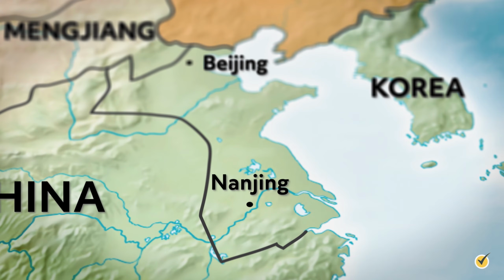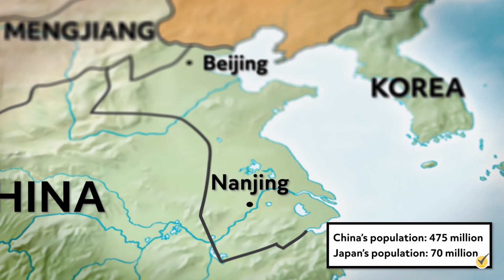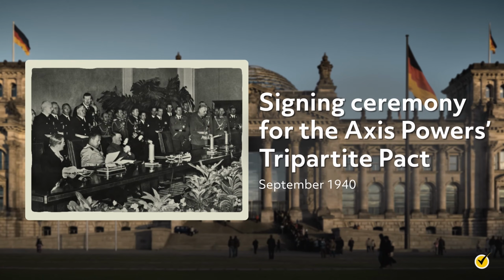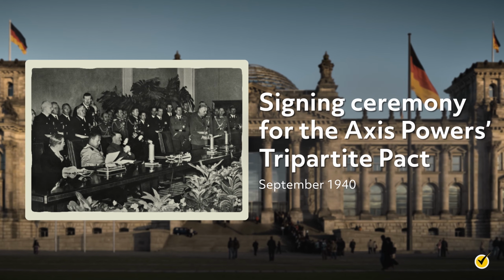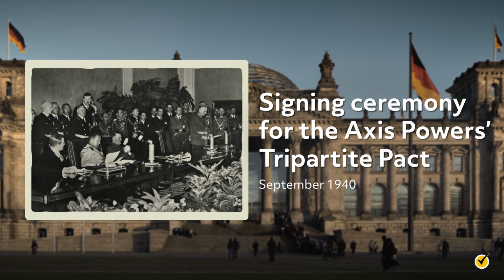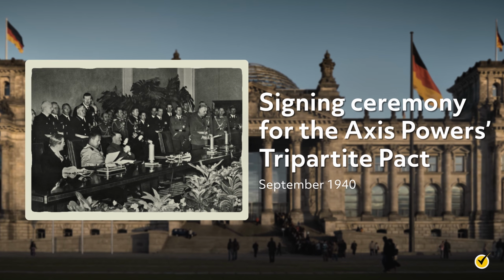Despite the losses and large portions of territory taken away, the Chinese refused to give in, and the Japanese simply didn't have the manpower to subdue the entire country by force. Japan's diplomatic standing was damaged by the war with China and led to a series of trade restrictions with the United States. In September 1940, Japan signed the Tripartite Pact with Italy and Germany, bringing the nations into a loose alliance as the Axis powers.